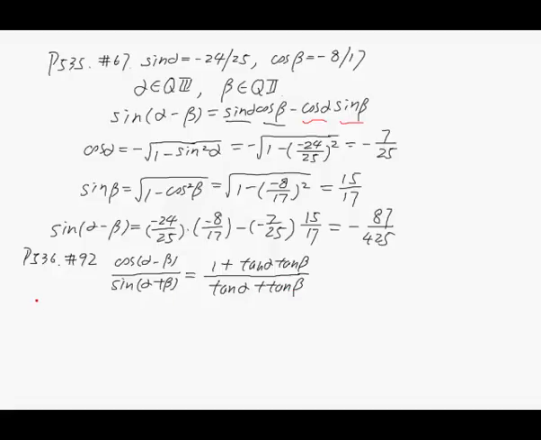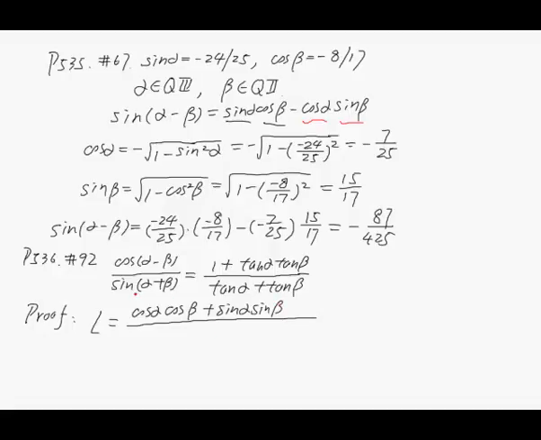And let's begin with the left side. Since this is cosine of a difference and a sine of a sum, right? So we can use the cosine of a difference and sine of a sum identities. So the left side L. This numerator cosine of alpha minus beta is equal to cosine alpha times cosine beta plus sine alpha times sine beta.